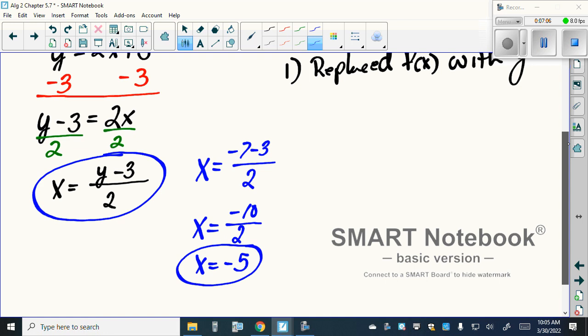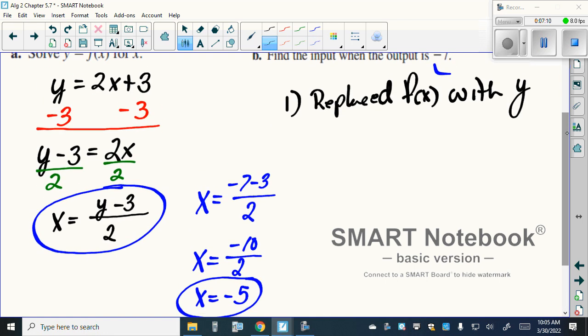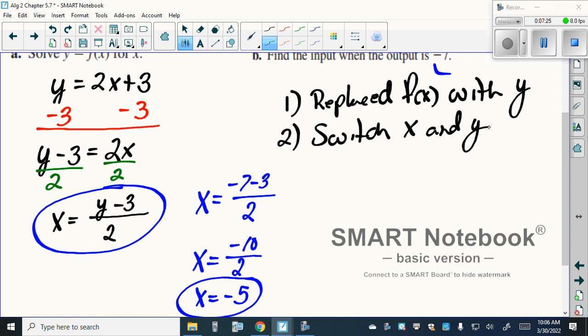Now, I'm going to go on and finish these steps out so that we have them down. For the rest of these, we're going to replace f of x with y. The second one, we're going to switch x and y. We're going to switch the x and y values, because when we talk about the inverse of a function, we're really switching the domain and range.